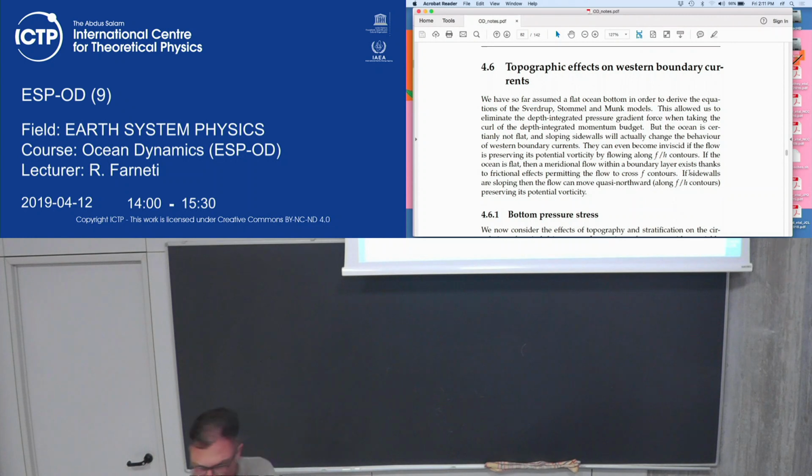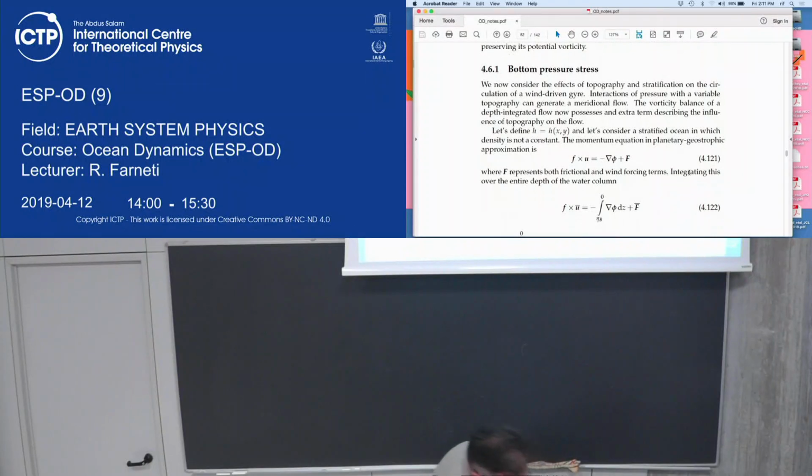But obviously that's not the case. Sidewalls, they have a slope. And so we looked at the effect of that slope on the depth integrated ocean. And so we derived what is called the bottom pressure stress.